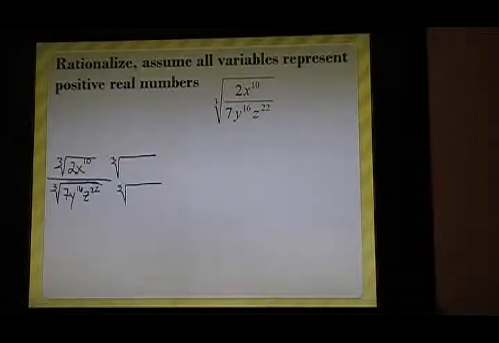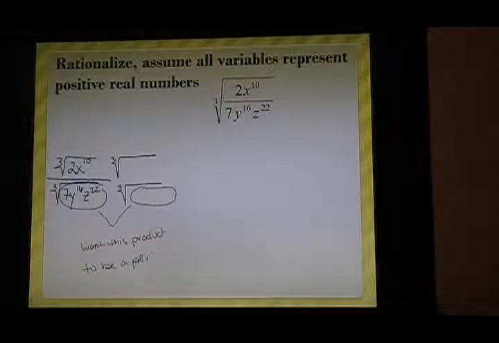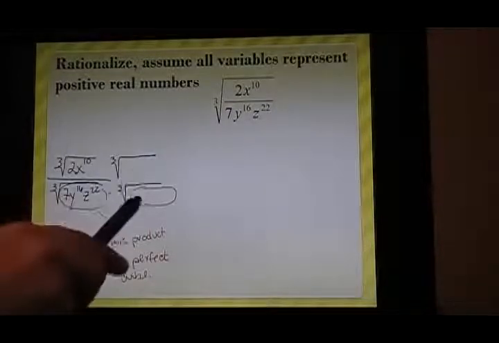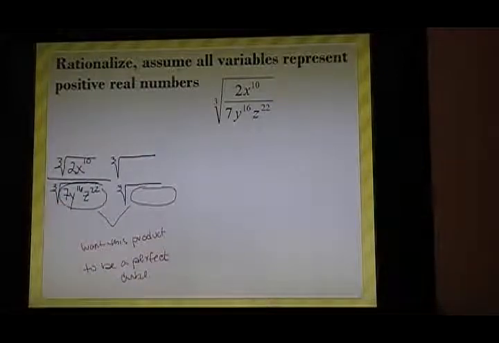So still, I want the product of these to be a perfect cube. Okay, so same idea. I have a 7 here. If I multiply by 2 more 7s, I'm going to have a perfect cube.